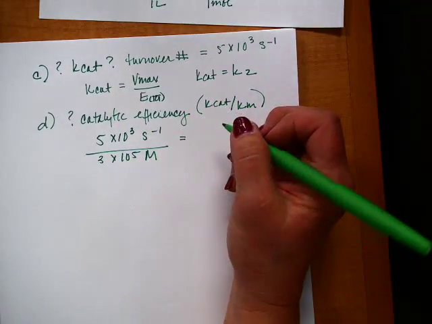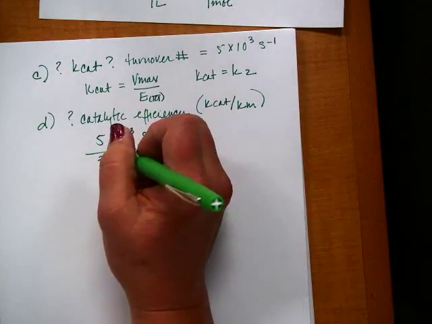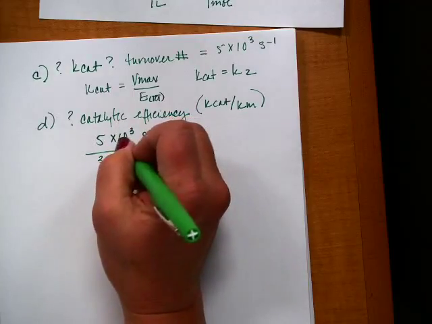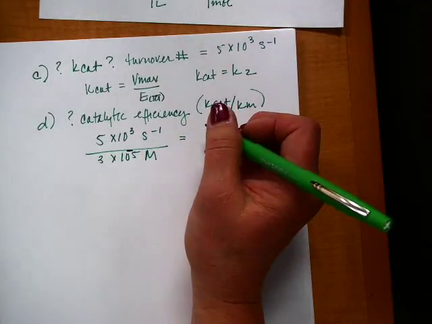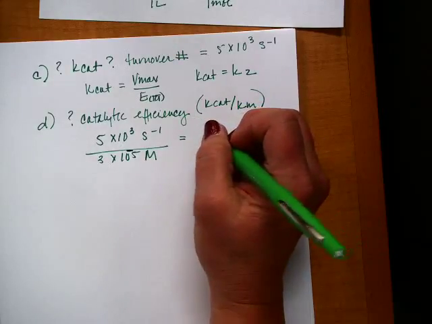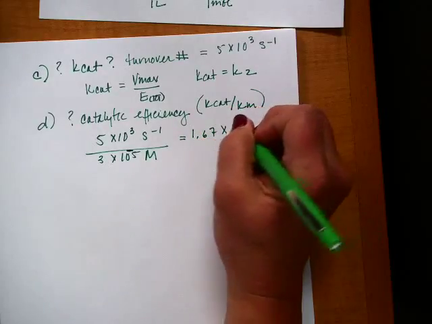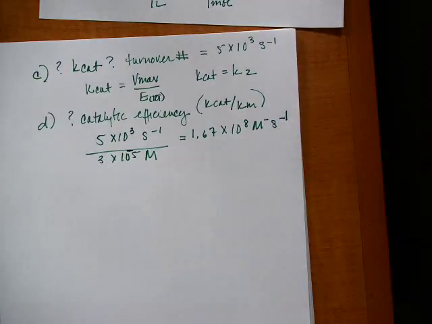So our catalytic efficiency is 1.67 times 10 to the 8th M to the minus 1 s to the minus 1. Sorry about that negative.